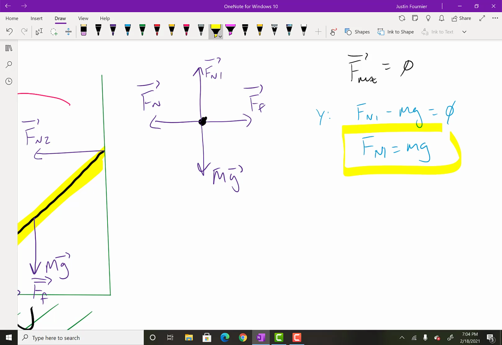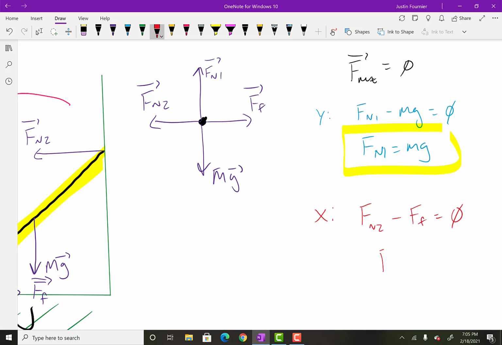All right, there we go. And then I also know that in the x direction, normal force 2 minus the friction force is equal to 0.